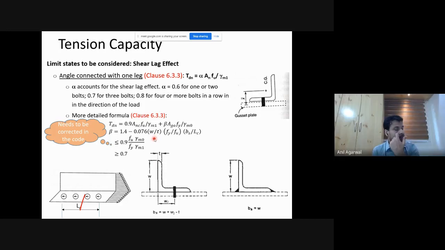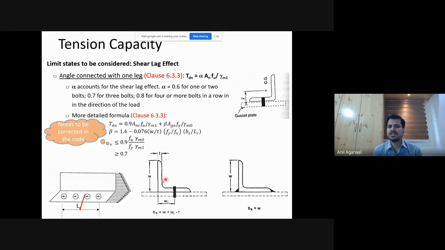Okay, if W by T is larger, that means your beta is smaller. So basically what happens is that if you have a thin leg versus a thin and very long leg, so W is large but T is small, then the eccentricity of the stress will be more significant.